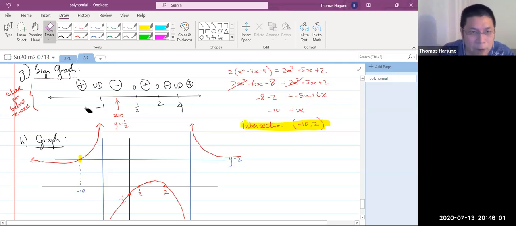But if you want to refine, make your work even more complete, you can do the sign graph with respect to the horizontal asymptote.